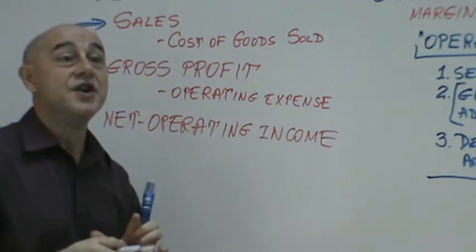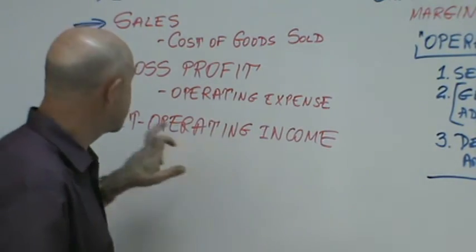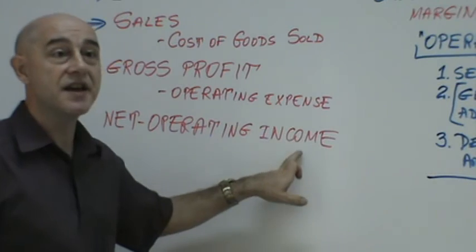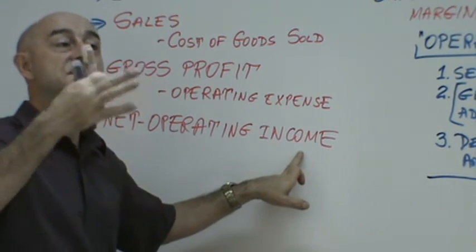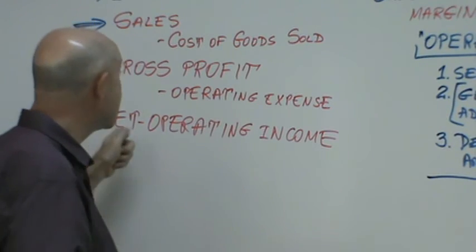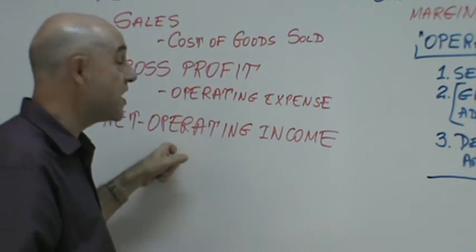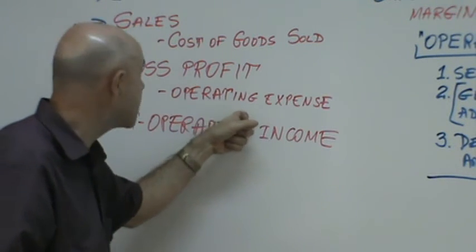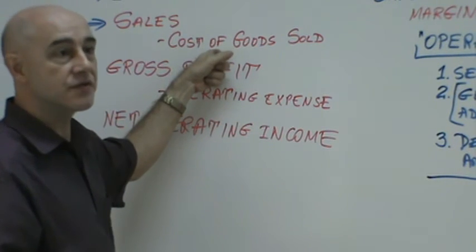Again, notice you can't just say net income. Net income is completely different. Net income is after you have subtracted all expenses. This is net operating income, which means after you have subtracted operating expenses and the cost of goods sold.